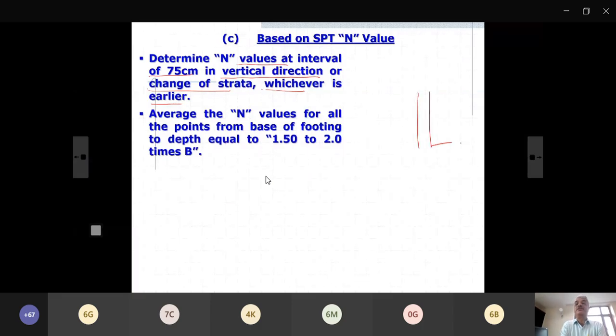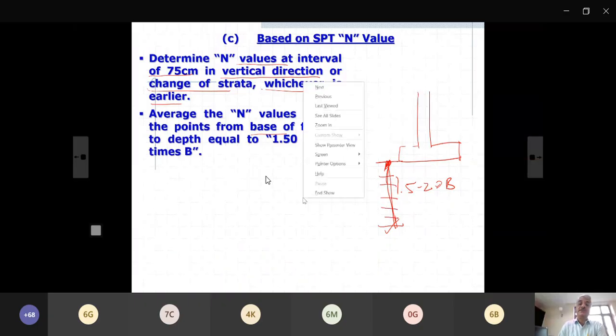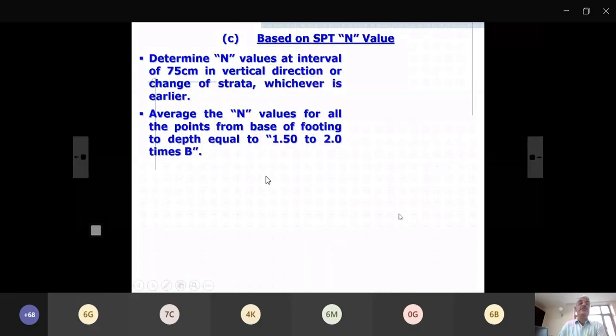Let us say this is your footing. Start the N value from the base of your footing to a depth equal to 1.5 to 2 times B. In this range, you find out the N value at every 75 centimeter. Then take their average value.